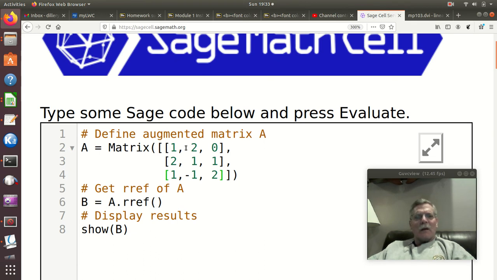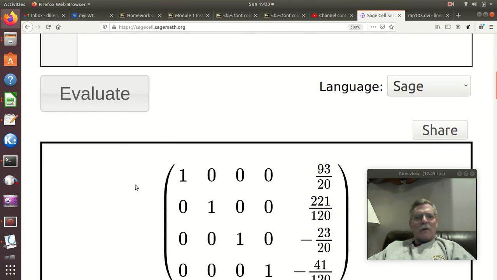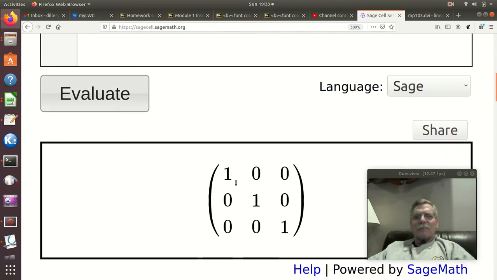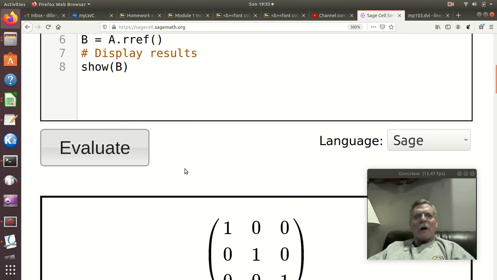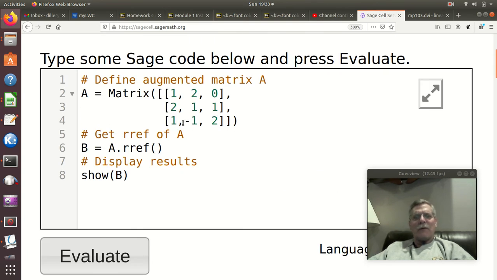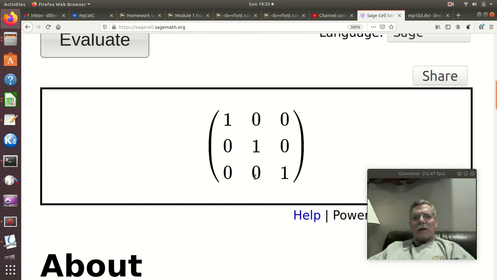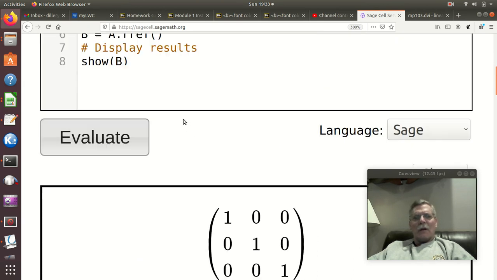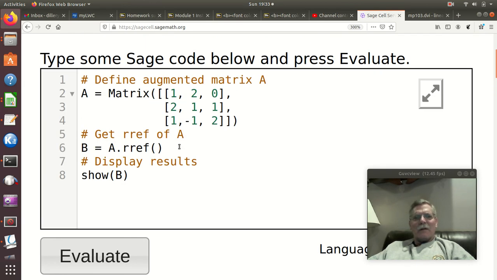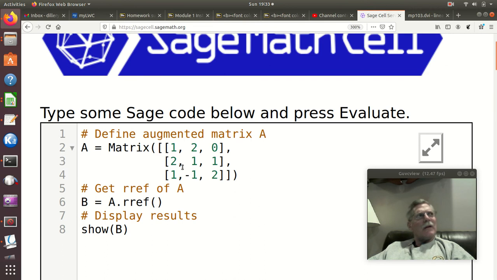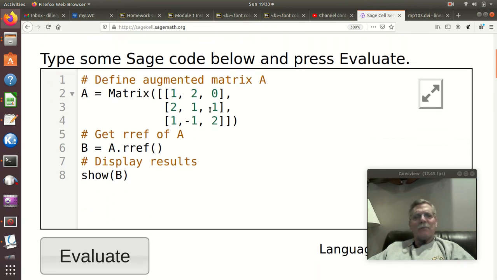And then I'm going to do this, and let's evaluate, and you see it just row reduced everything here. And so probably this system is inconsistent because I got a 0 here and a 1 there, but I don't know for a fact. I guess I have to think about that. But you see, it didn't really care what you had over here.